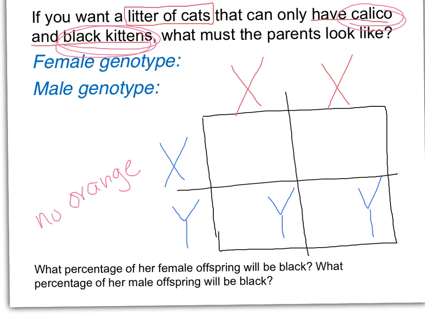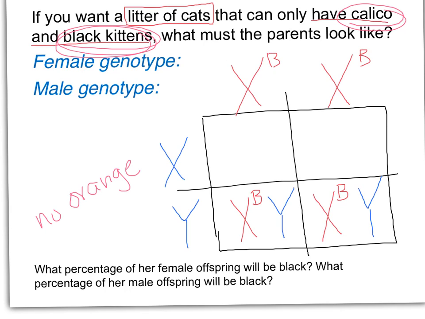So let's look at the boys. The boys are going to have an X here and an X here from Mom. If Mom has an R allele, these boys are going to be orange. And we don't want orange boys, so the boys have to be black, which means Mom has to be black.